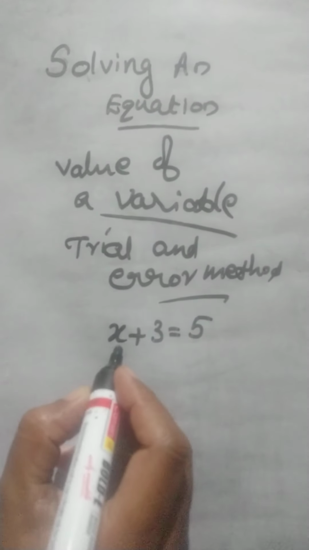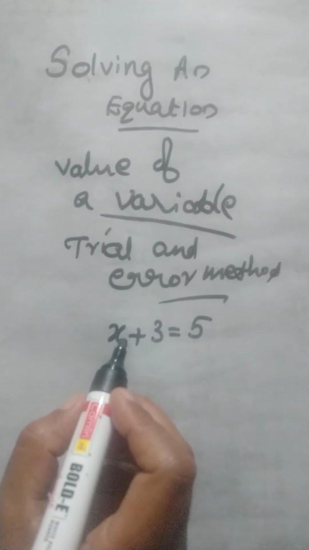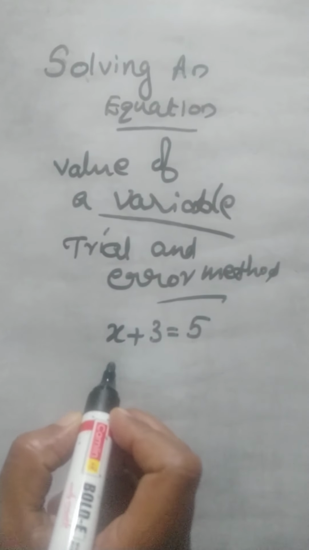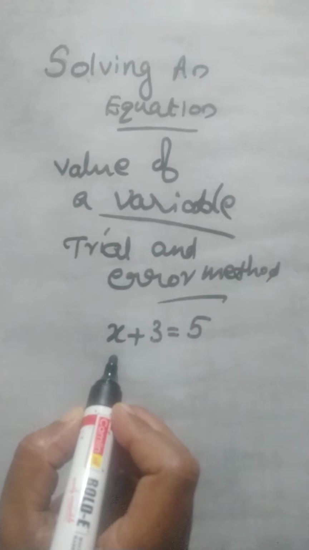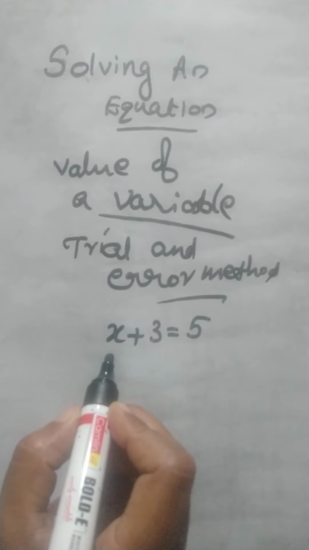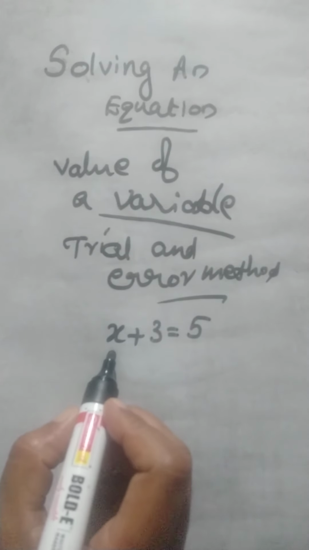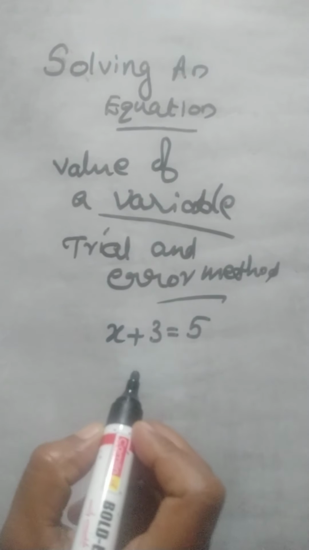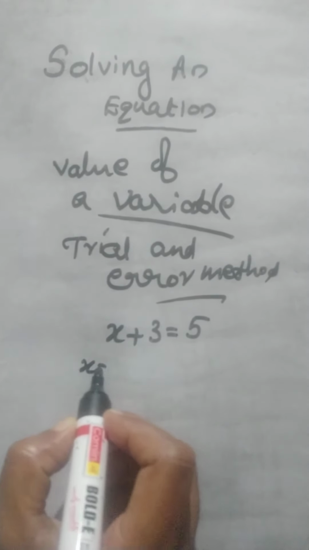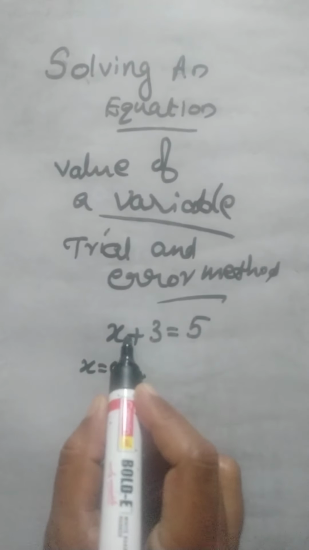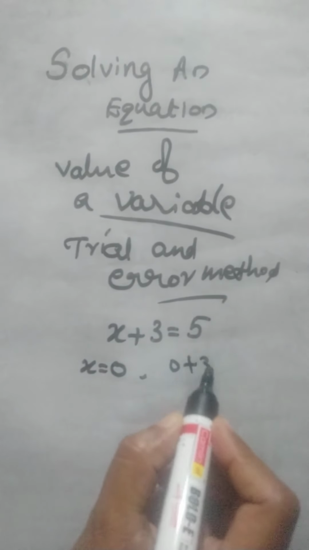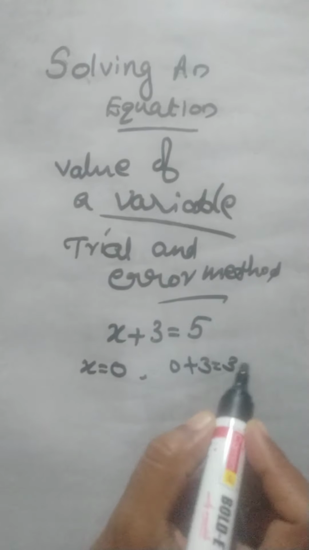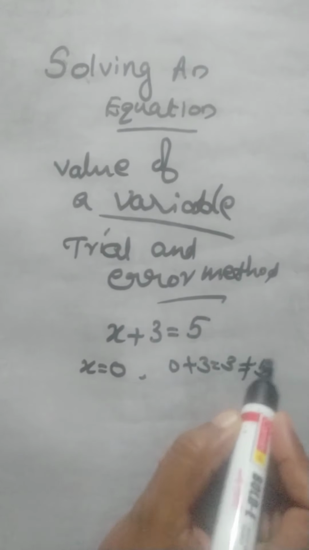By the trial and error method, first we substitute x equal to 0 in this equation. When x equal to 0, the value will be 0 plus 3, which is 3. So it is not equal to 5.